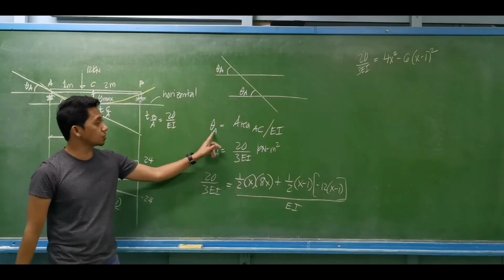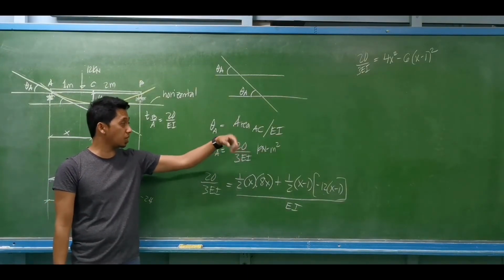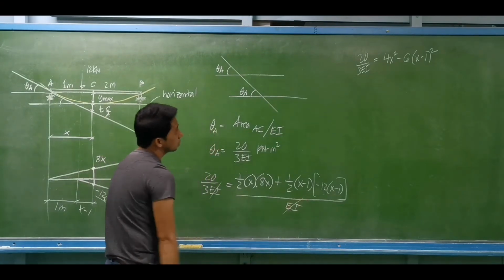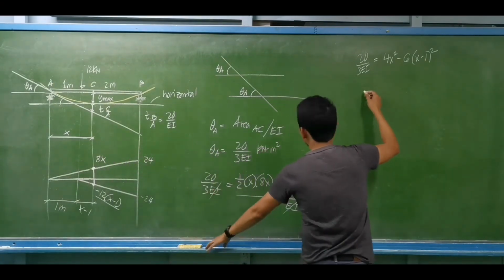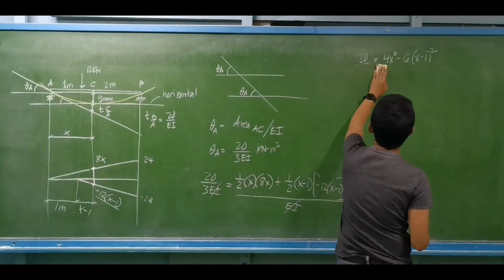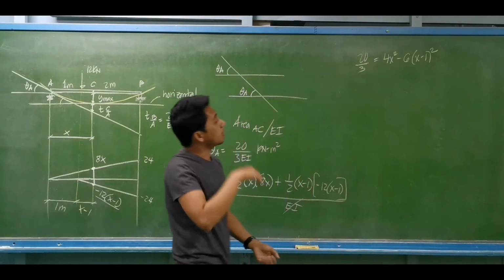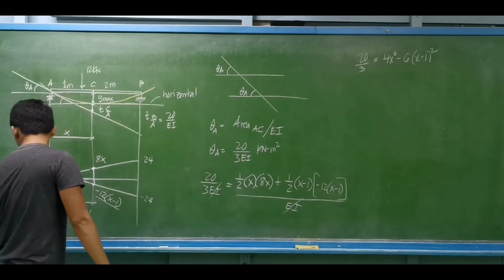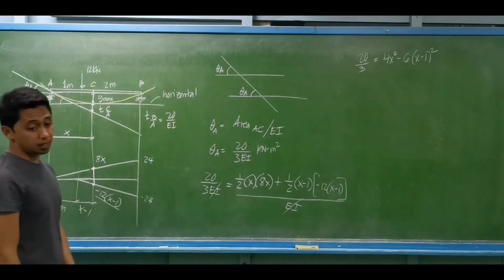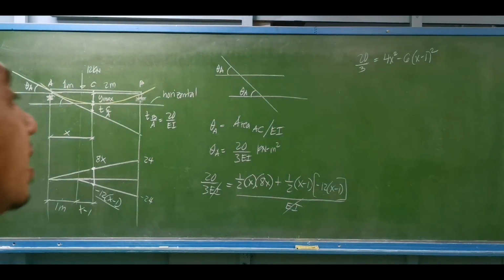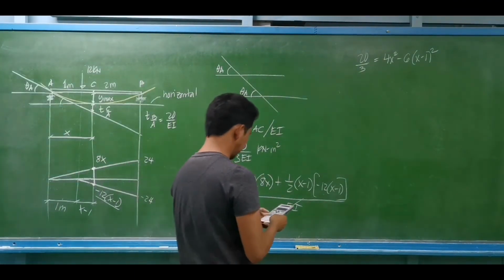Okay, equivalent of rotation is the area of moment diagram from A to C divided by EI. So by the way, makakancel naman ito, so we can eliminate EI. So this is 20 over 3 is then equal to 4x squared minus 6 times x minus 1 squared. Let us compute for the value of x.